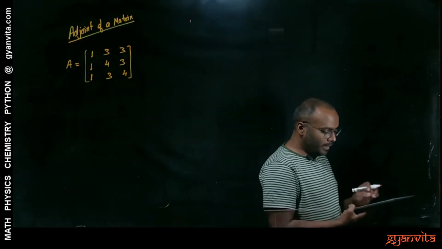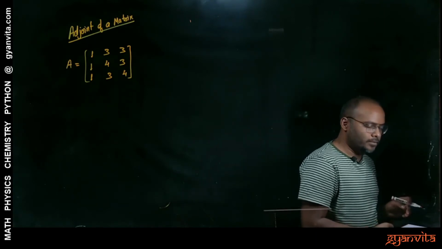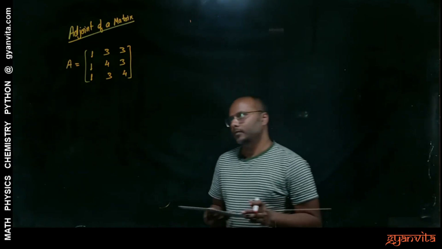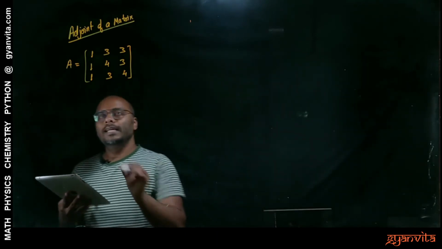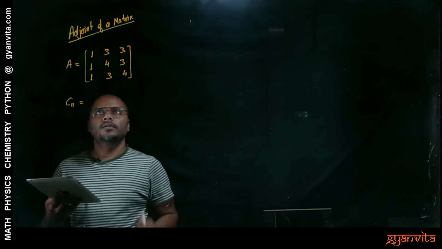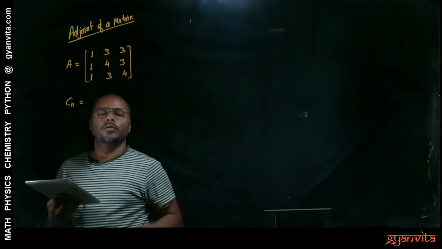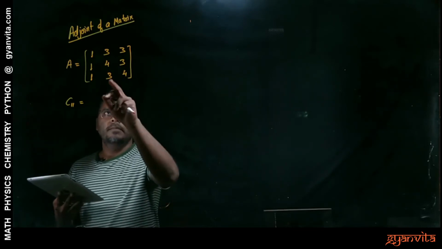Now if you have to find the adjoint of A, what do you have to do first? You have to find the cofactors first. So let's say what is C11, that is this. So this row and this column gone. 4 into 4, 16, minus 3 into 3, 9.